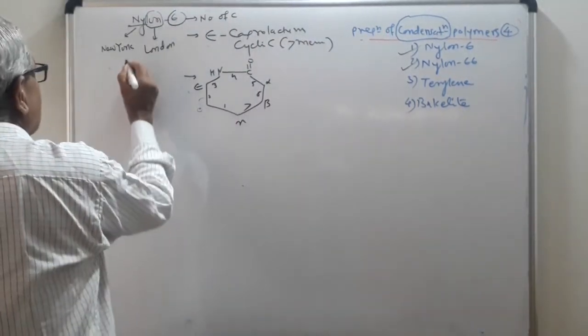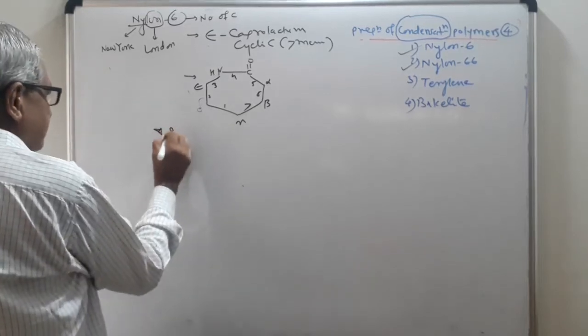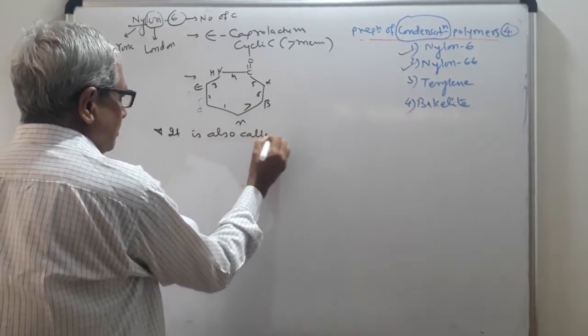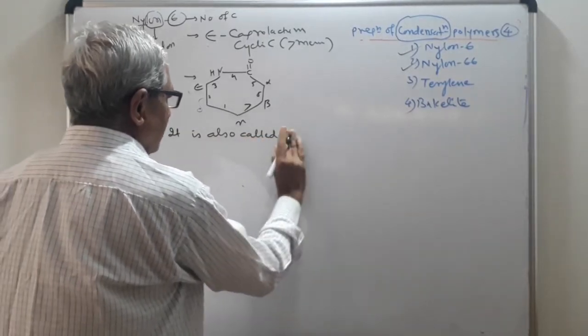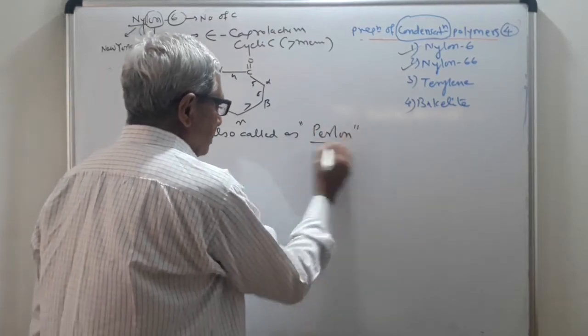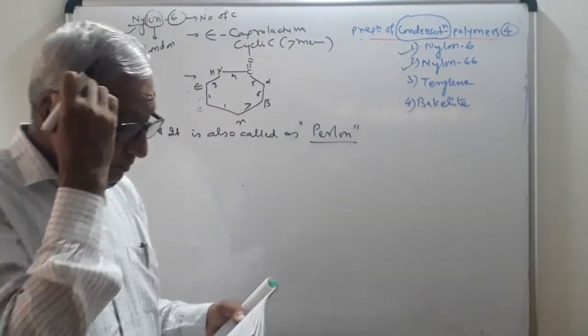Nylon 6 is also called Perlon. So remember this term, it is also called Perlon.